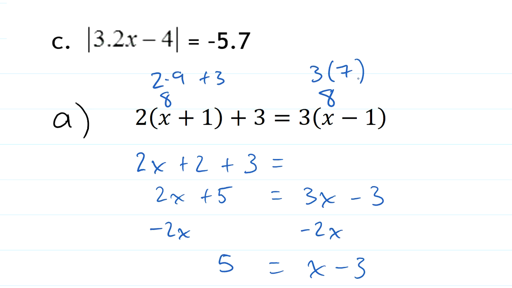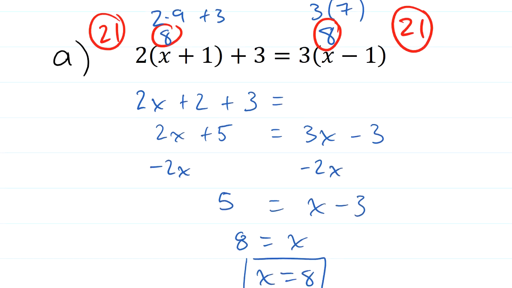So on the right-hand side you can see we have the number 21. And it absolutely must be 21 on the left-hand side for this to be a solution. And yes, 2 times 9 is 18, 18 plus 3 is 21. So the steps certainly helped me get to this solution.